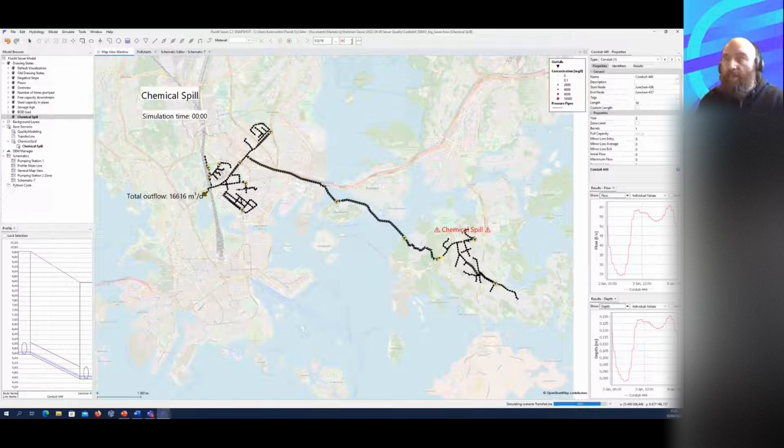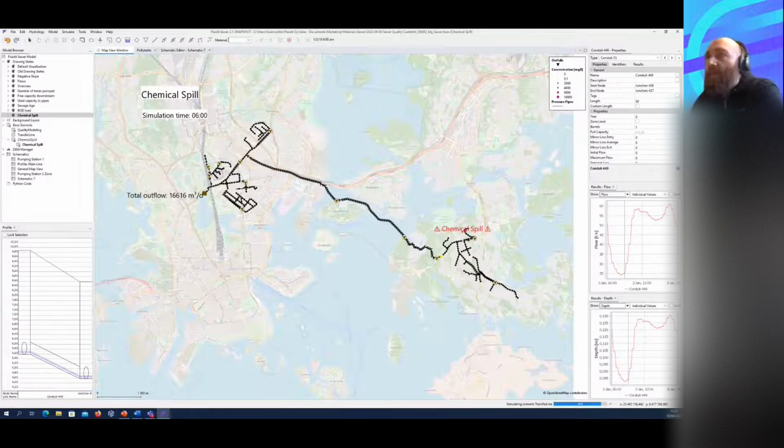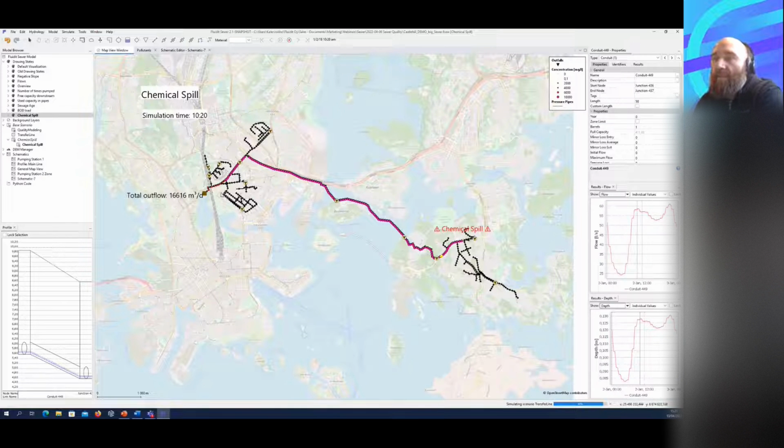So I will just go to the right point in time. Then you can see how the spill concentration kind of runs through the network, through the pumps, through the transfer lines, and reaches the treatment facility here at around 10 a.m.